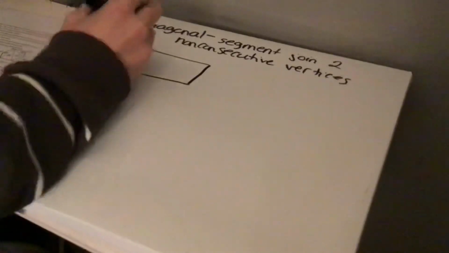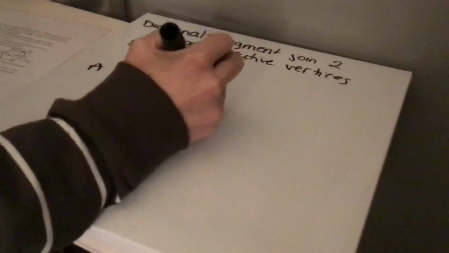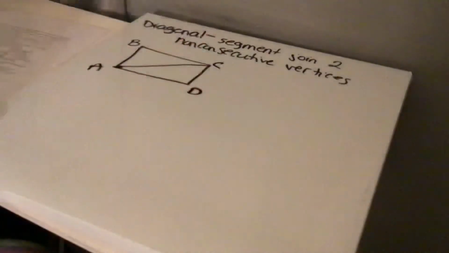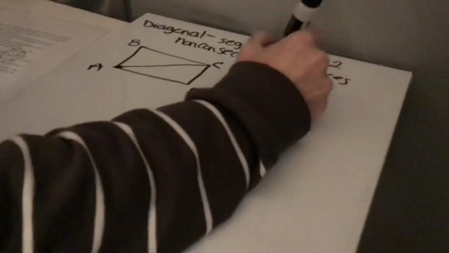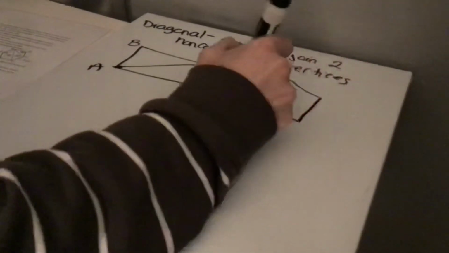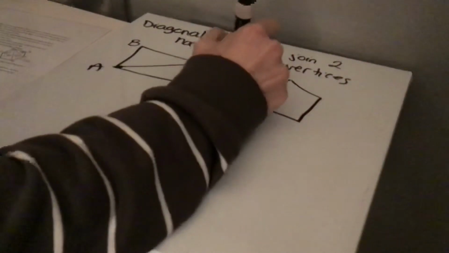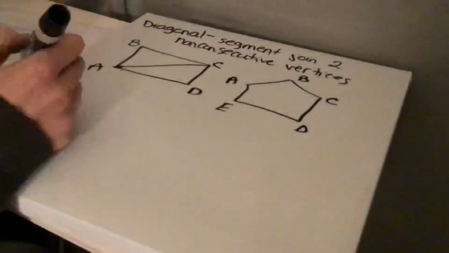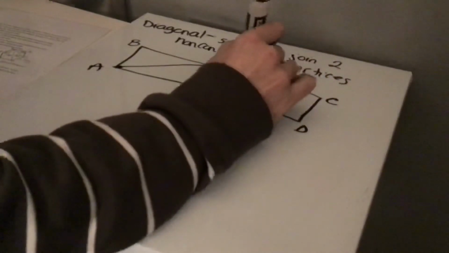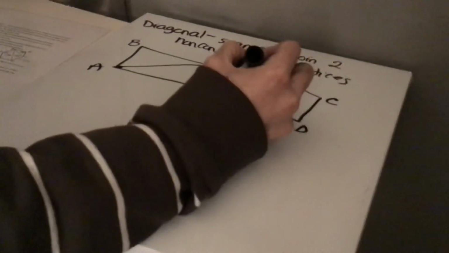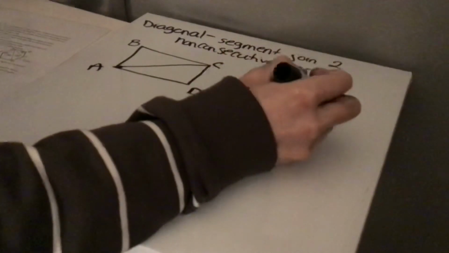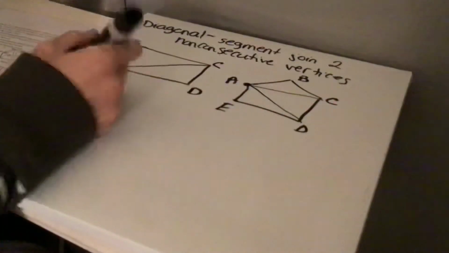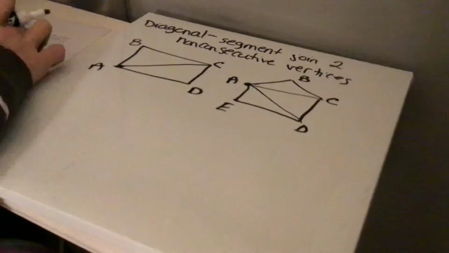Here is quad A, B, C, D. A diagonal would be like taking A and joining it to C. There's one diagonal. Okay, if I look at a pentagon here, here's pentagon A, B, C, D, E. Diagonals would be if I start at A, okay, I can connect it to B is consecutive, so then to C and to D, because E is consecutive.